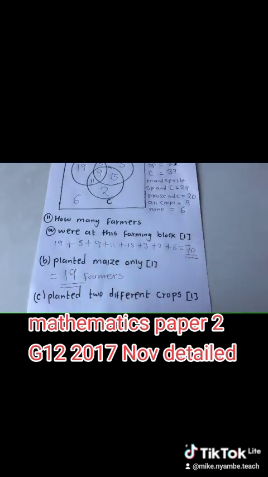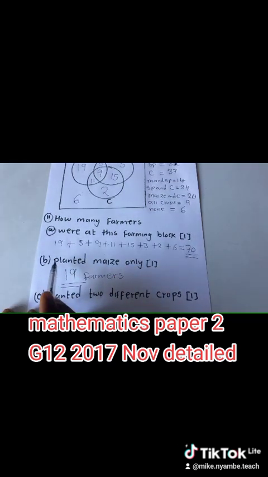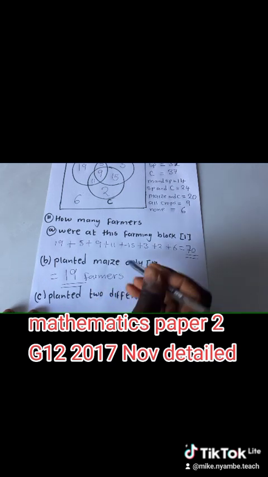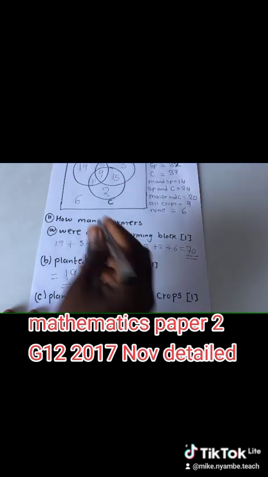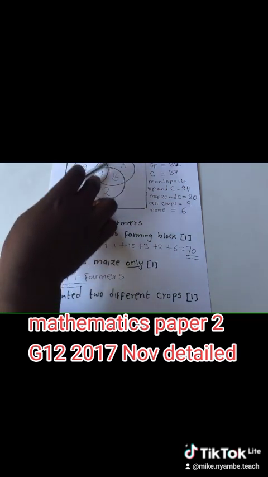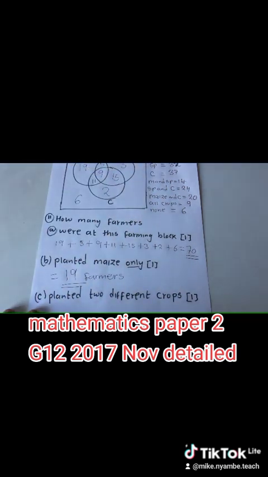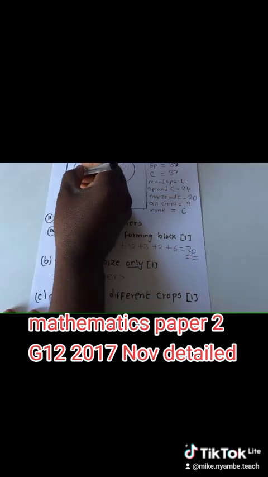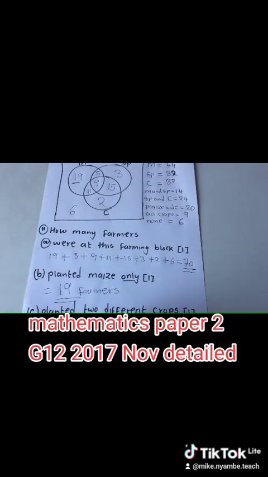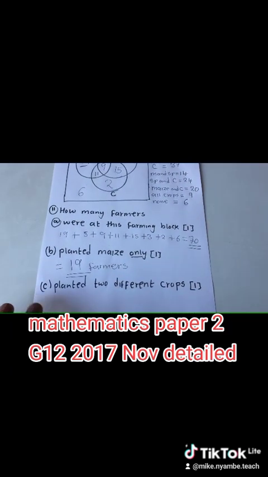If the question didn't say maize only, if it says how many farmers planted maize, there was no word only, I would have added everything in maize, which is 19 plus 11 plus 9 plus 5. But in this question, they said maize only. So it means you just get the number which is alone there. That's all.